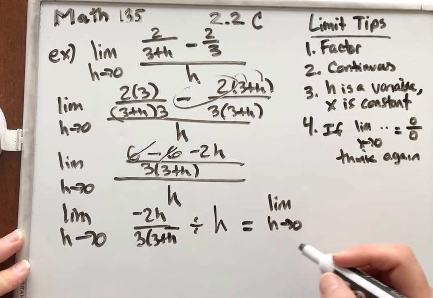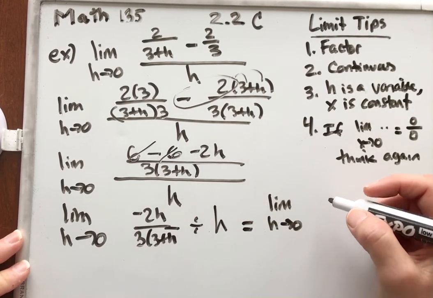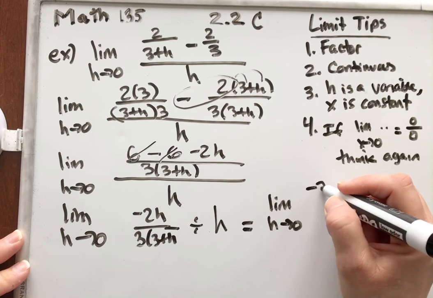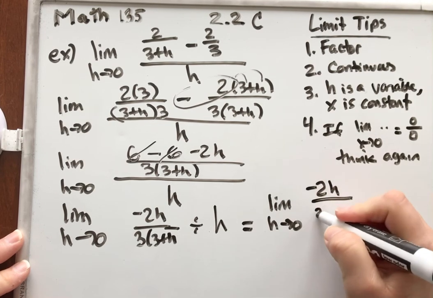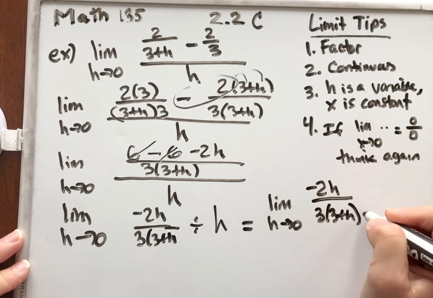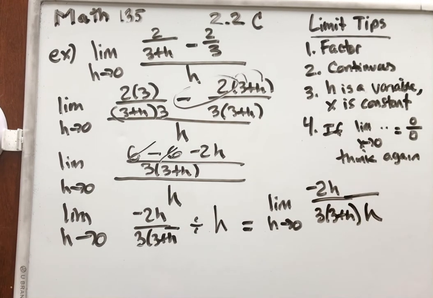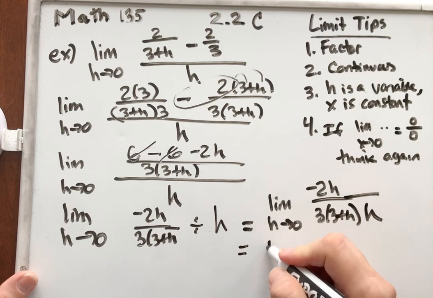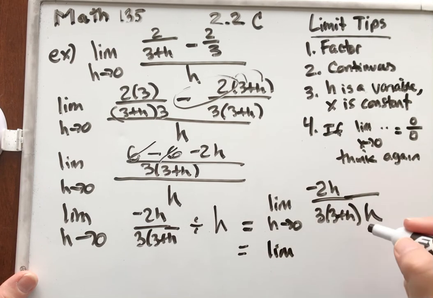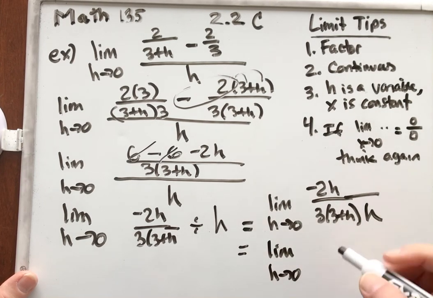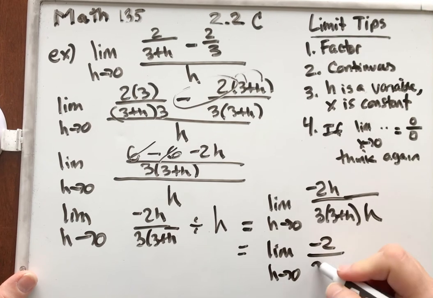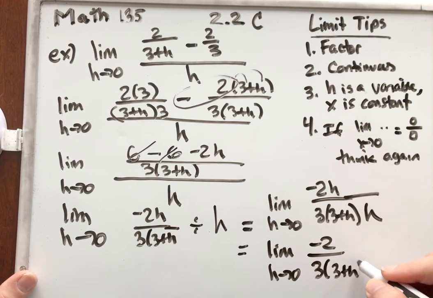Okay, so divided by h is the same thing as multiply 1 over h. So we're going to equal -2h over 3 times 3 plus h times 1 over h. Our h's are going to cancel out. Okay, so these h's cancel out, as h approaches 0 of -2 over 3 times 3 plus h.